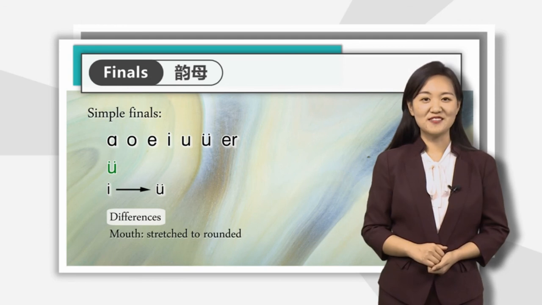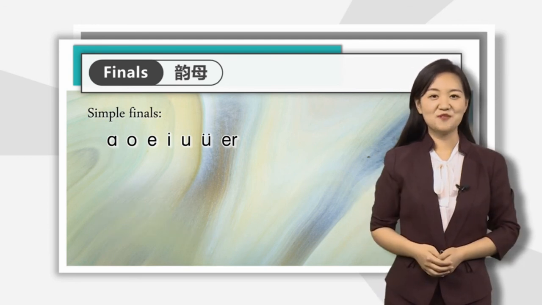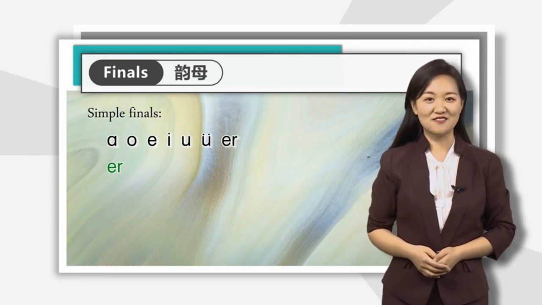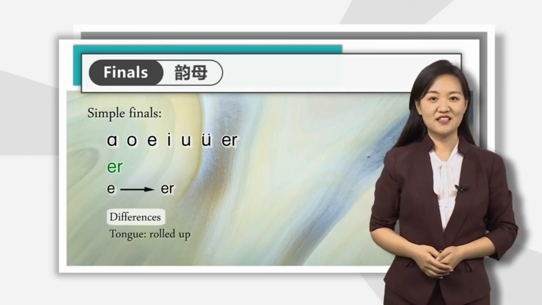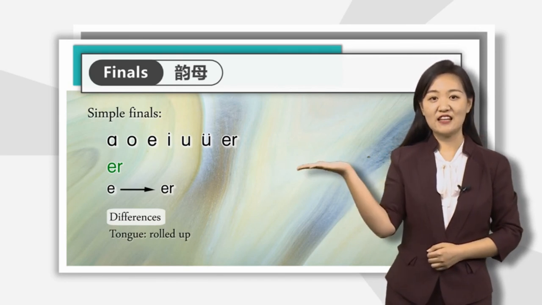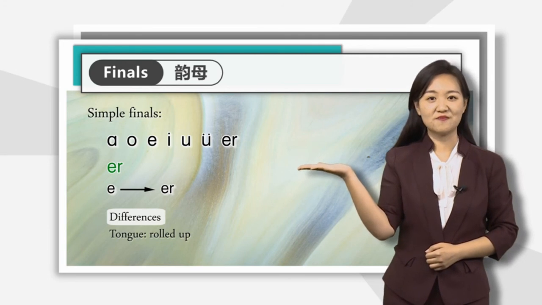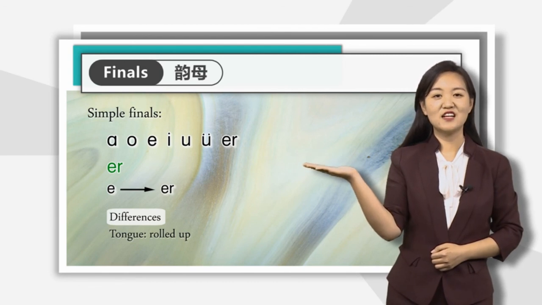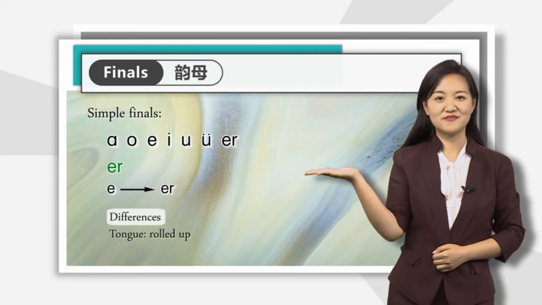Ü. Well done. The next one is er. Although there are two letters, it is a single sound. You can pronounce e first, and then roll up the tip of your tongue backward. Take my hand as if it is your tongue. Very good.